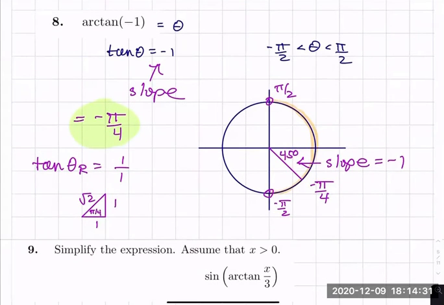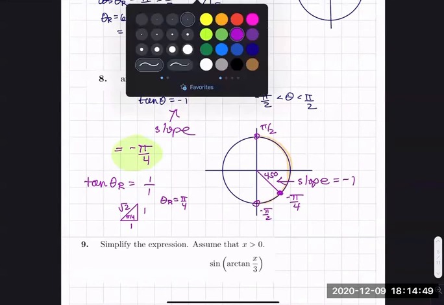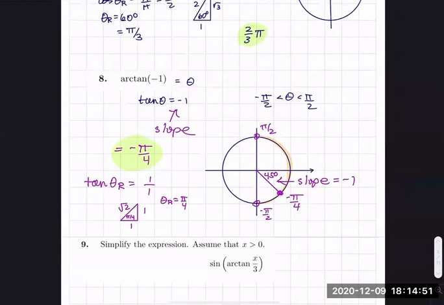That gives the reference angle, or 45 degrees. But because the slope is negative, and tangent is negative in quadrant 4, we get negative pi over 4.